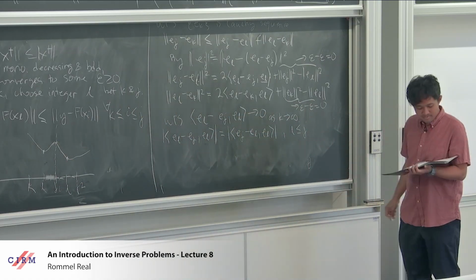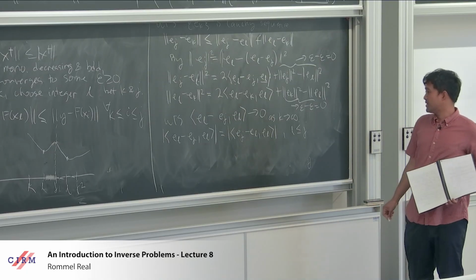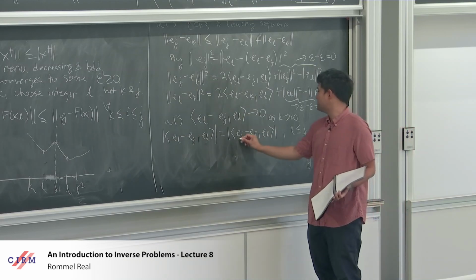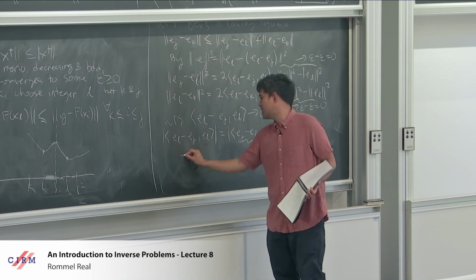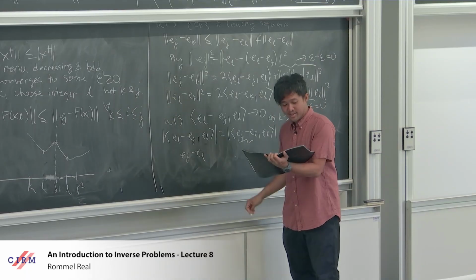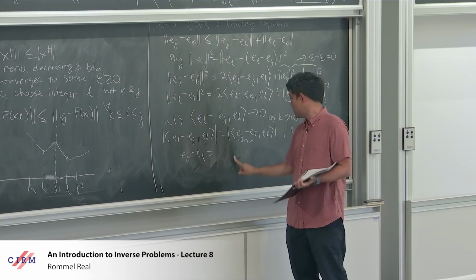And now, also by using the fact that if you look at this one, E sub j minus E sub L will just be equal to this one.